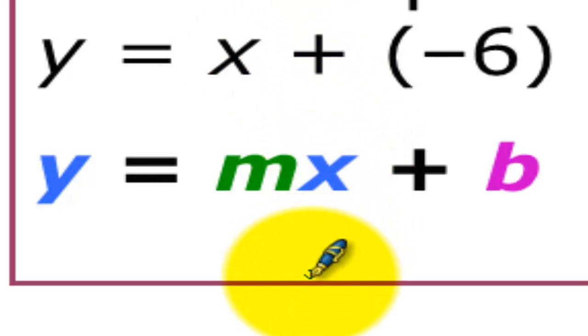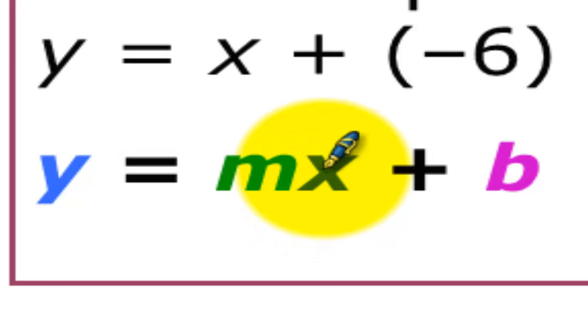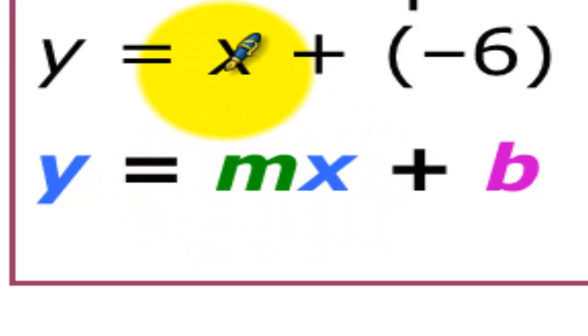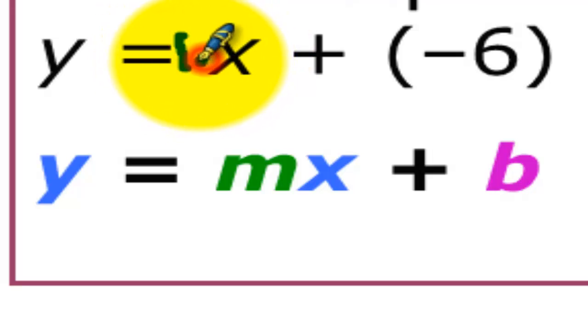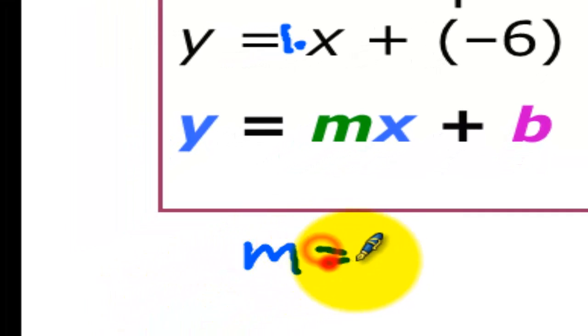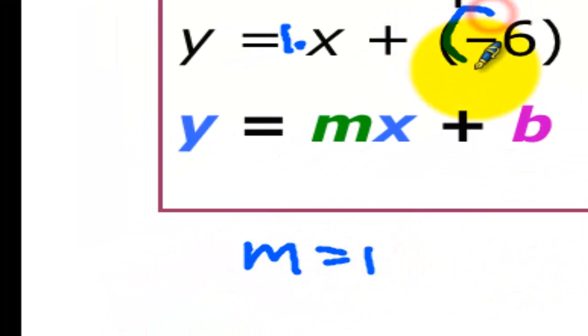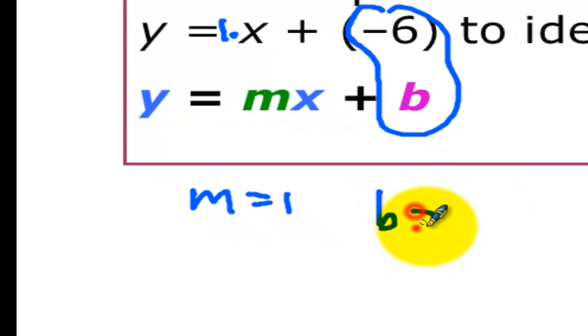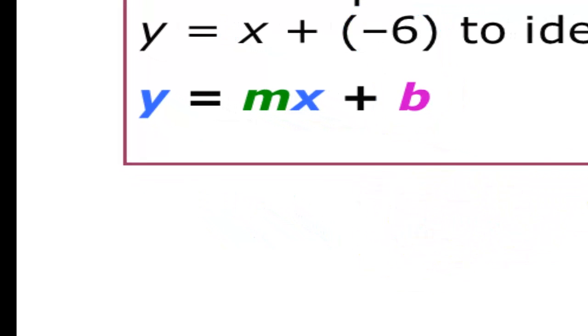The slope is always the number besides your x. In this case, it is equal to 1. So our slope here is equal to 1, and the y-intercept is equal to negative 6.